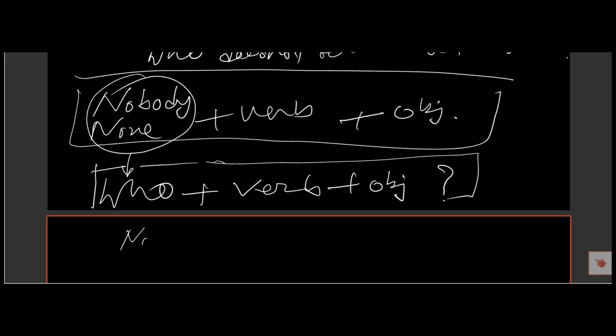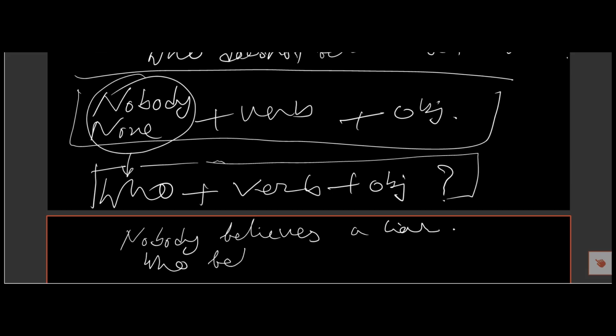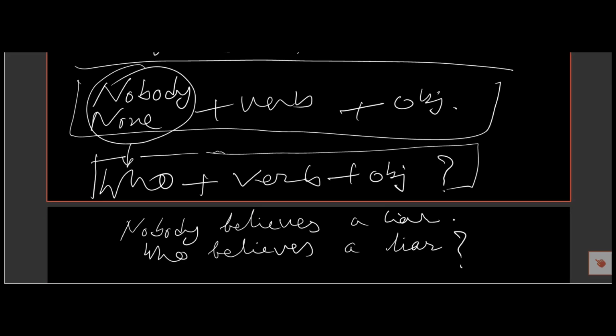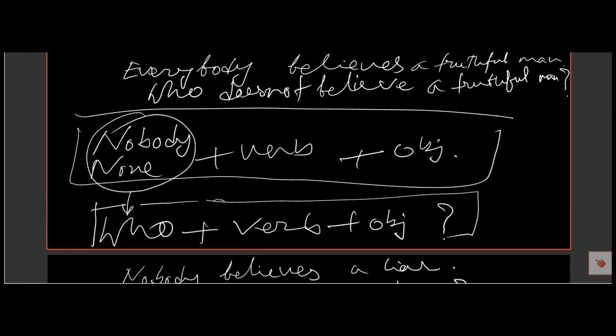So, nobody believes a liar. So who believes a liar: instead of nobody there will be who. I repeat, if the assertive sentence begins with nobody or none, then verb and object or others.